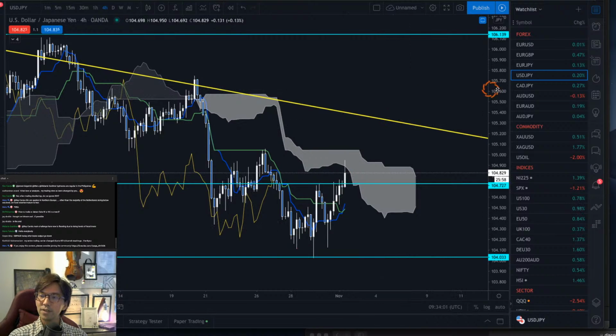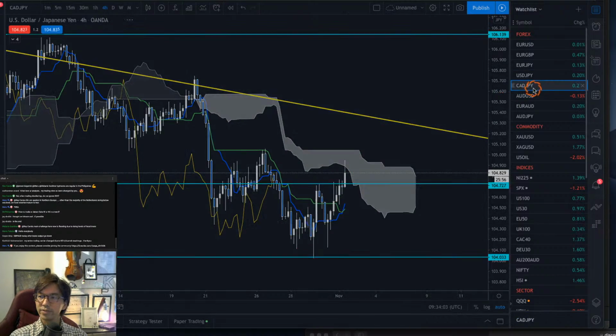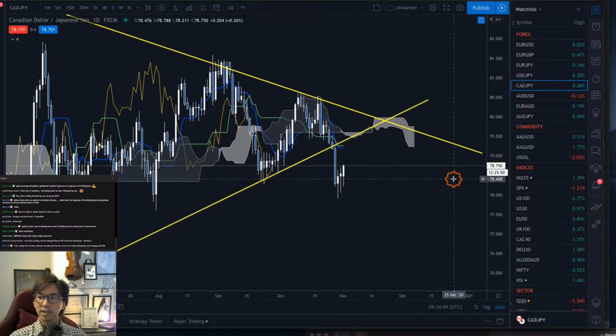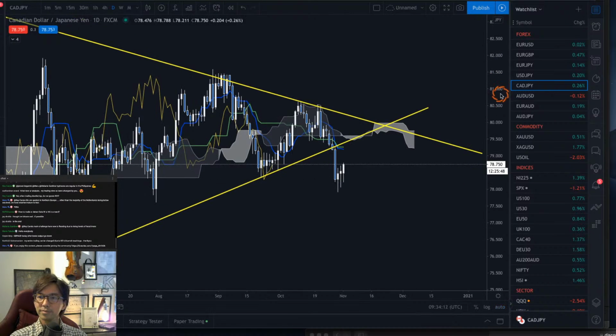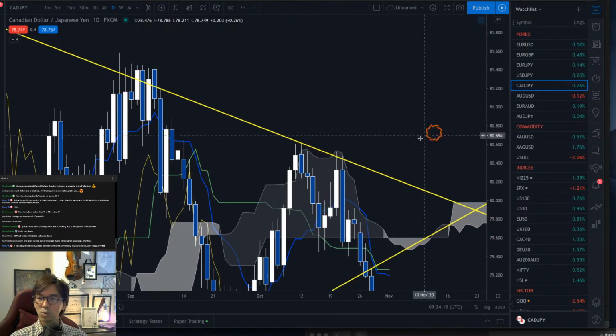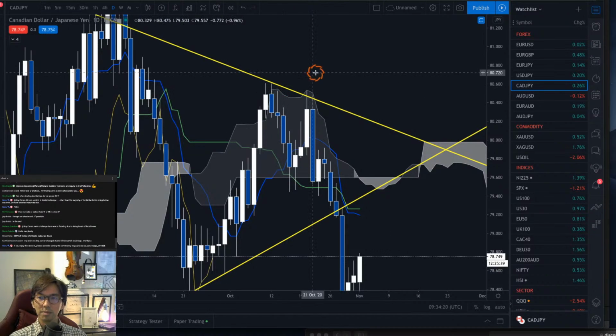So let's look at a couple of other charts now. Alright, CAD JPY, starting from the daily chart, we saw that there was a double top here. This was a nice example of a double top, and afterwards the price went down all the way.